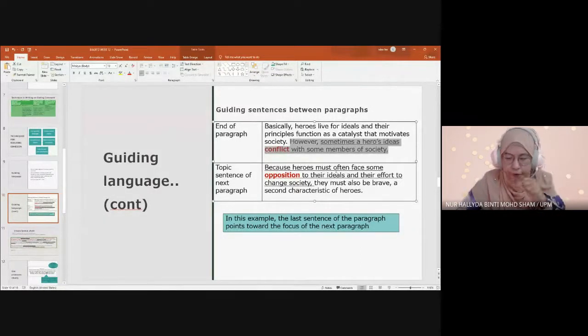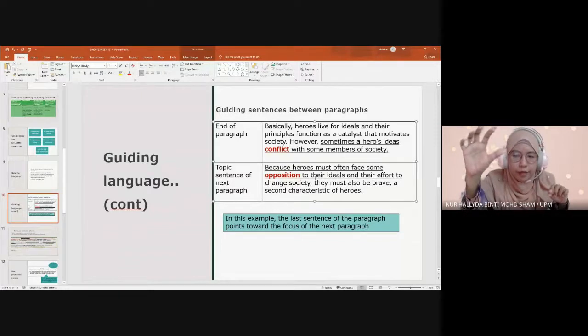And then your next paragraph, you want to start a new paragraph. You want to start with a new point. You link whatever you have talked about in the last part of your previous paragraph in the first sentence of the next paragraph. Faham tak?